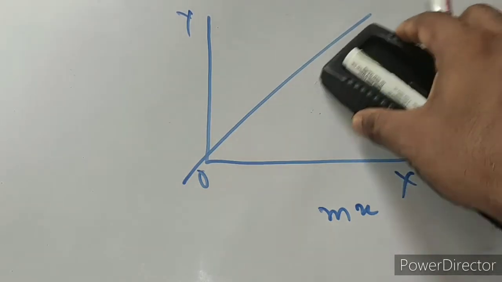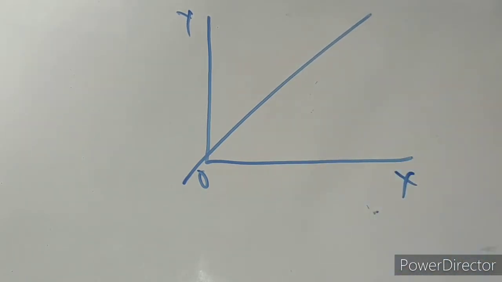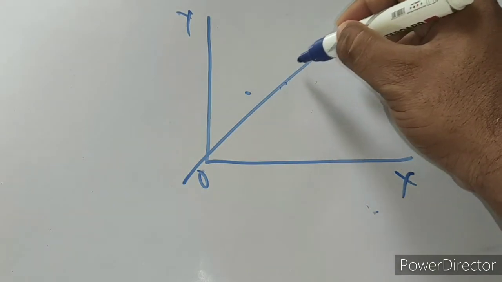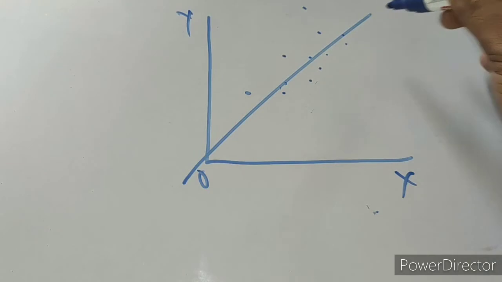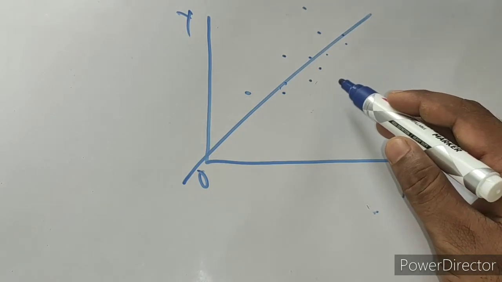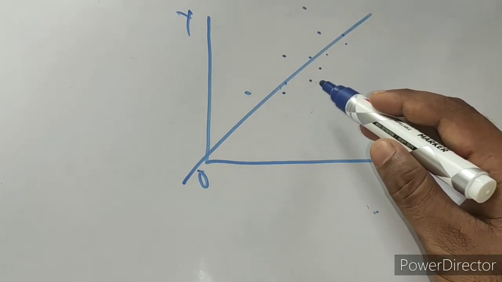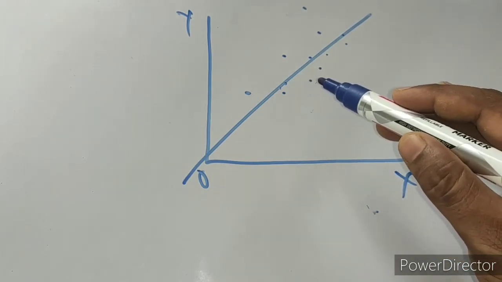So here, if we see, we found this best fit line. There are some points here. These points are present. I'm talking about linear regression, the linear equation. In linear regression, we used to put a best fit line like this.